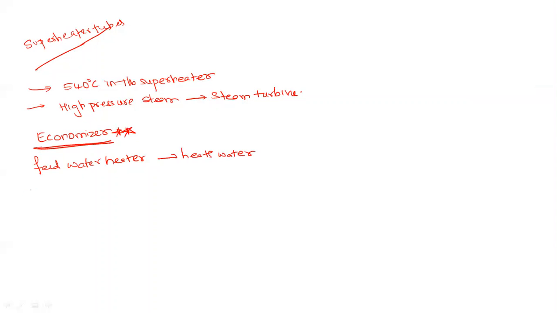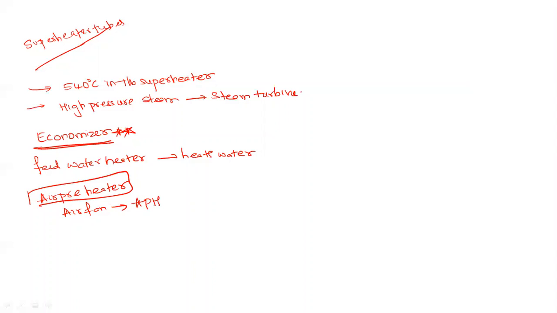Keep the air preheater heading. A primary air fan takes air from the atmosphere and it is then warmed in the air preheater.